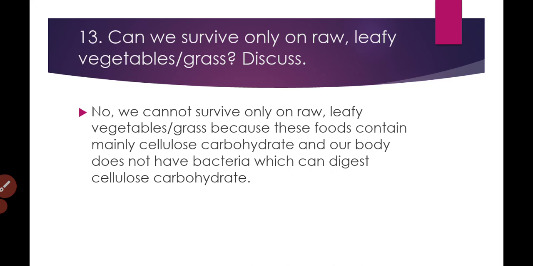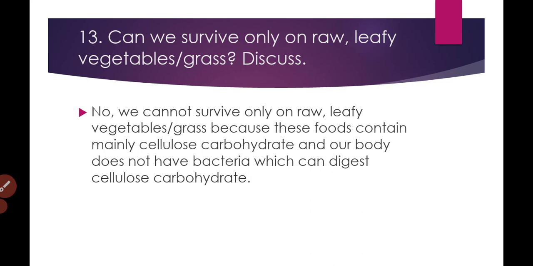No, we cannot survive only on raw leafy vegetables or grass, because these foods contain mainly the carbohydrate cellulose, right? Green leafy vegetables or grass contain a carbohydrate named cellulose. Okay, and cellulose cannot be digested by human beings.